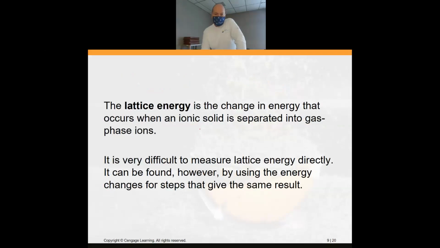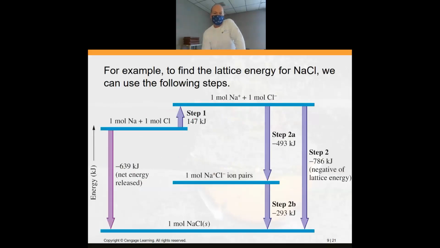All right, lattice energy is the change in energy that occurs when an ionic solid is separated into the gas phase ions. So when we look at our sodium chloride, we have step one.